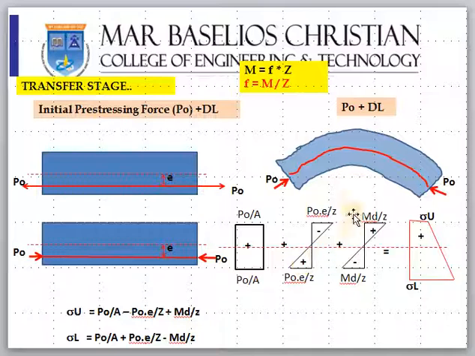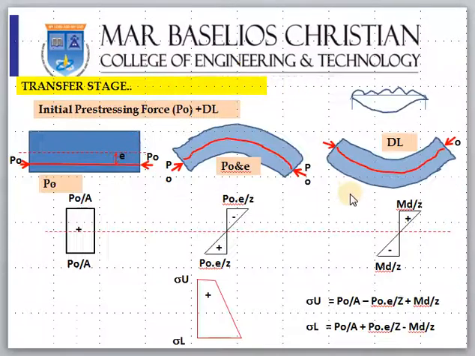Understood the point? Yeah. And come to this side. So these two are completed now. Now what happens is your dead load, the weight of the slab itself. The weight of the slab is applied from the top, so it will bend like this. Correct? So the top will be in compression and the bottom will be in tension. The stresses will be MD by Z, where MD is the moment due to dead load, MD by Z at the top and MD by Z at the bottom.